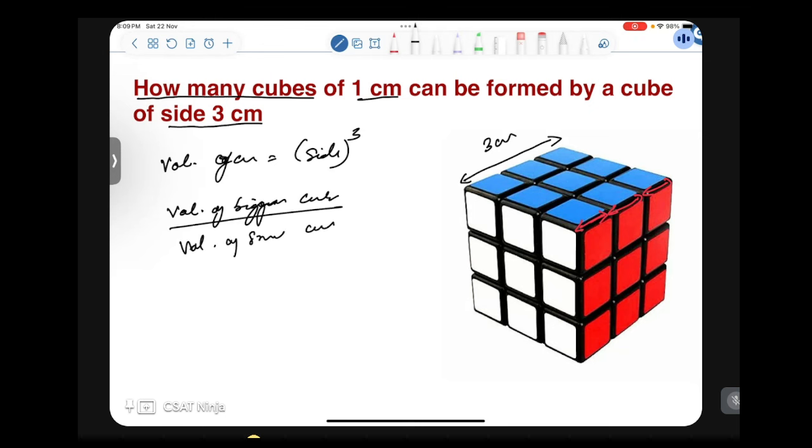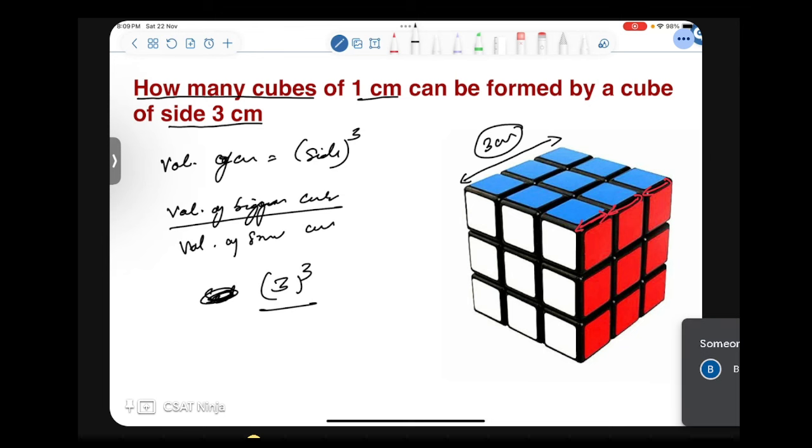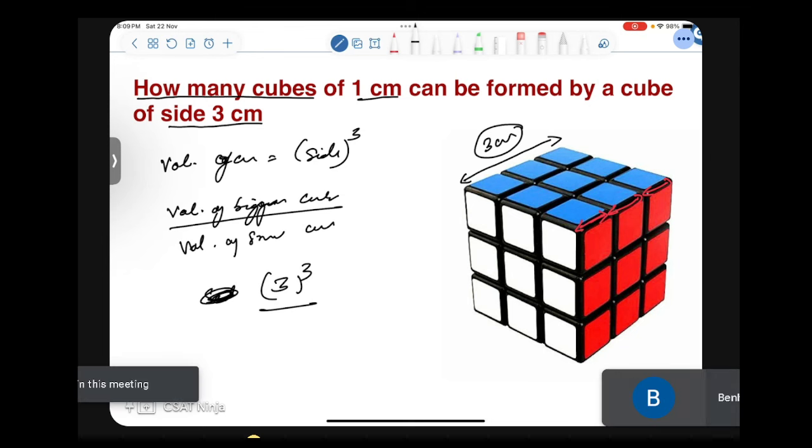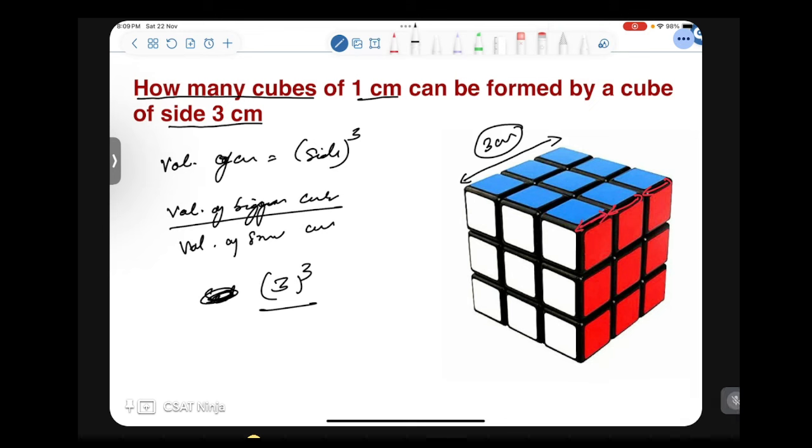What's the volume of the bigger cube? The bigger cube side is 3, so I'll directly write 3 whole cube, divided by the side of the smaller cube, which is only 1, so 1 whole cube. That means 3 cube is 27, and 1 cube is only 1, so we don't need to write it.